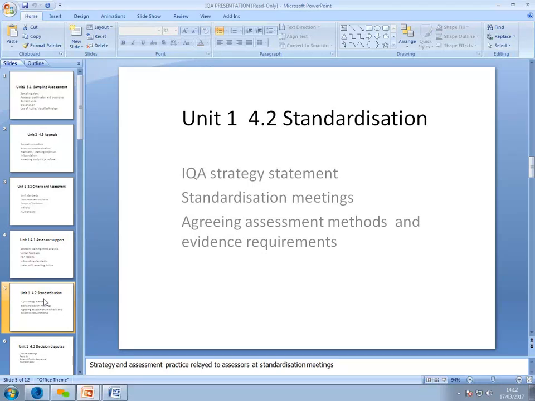Standardization. This comes back to an IQA strategy statement, standardization meetings which I've discussed before, and agreeing assessment methods and requirements. Once the last slide has been discussed with the awarding body if there are any issues, then we agree the methods at the standardization meeting and the evidence required.